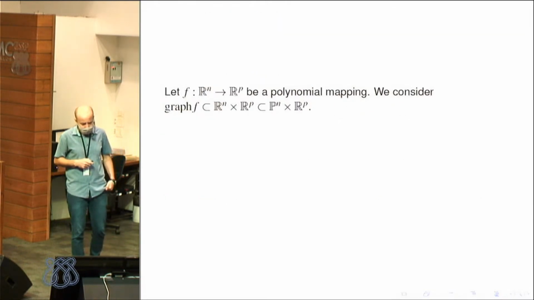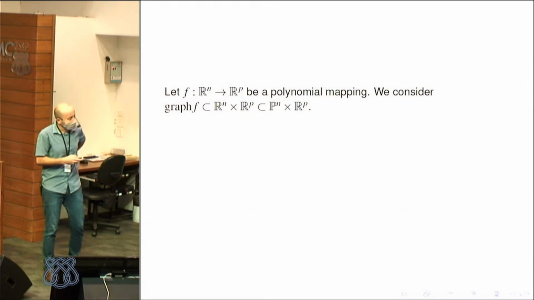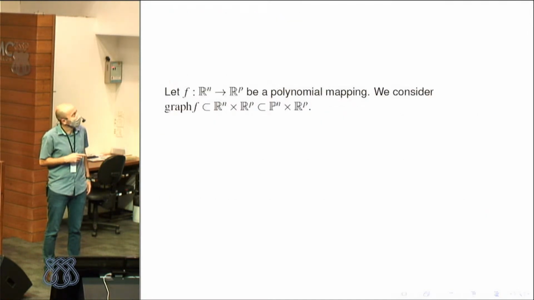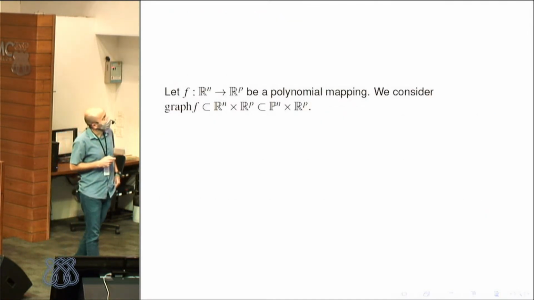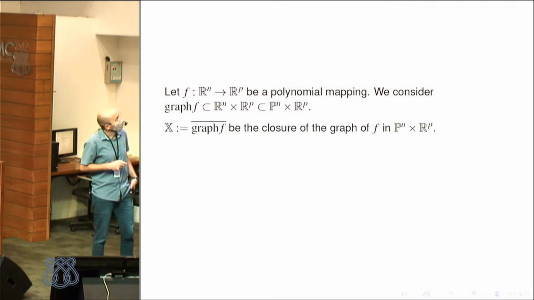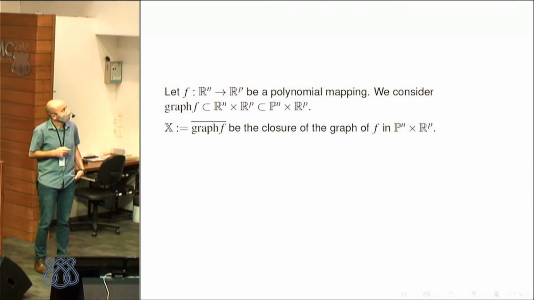Now, given a mapping F from Rn to Rp, from this identification of Rn as a subset of Pn, you consider the graph of F as a subset of Pn times Rp.